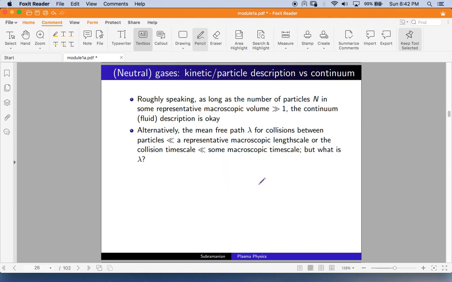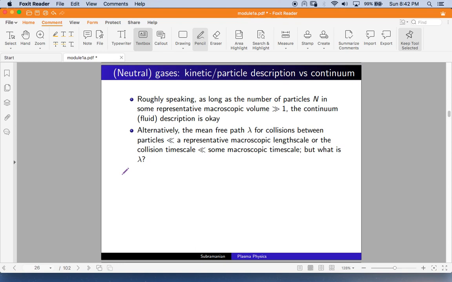Now, the one aspect in which what we are talking about right now is different from neutral fluids is the definition of the mean free path. In fluids it's simple enough. You can think of hard sphere collisions, for instance.